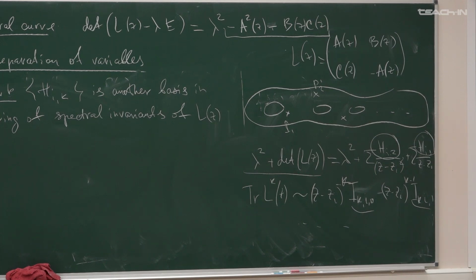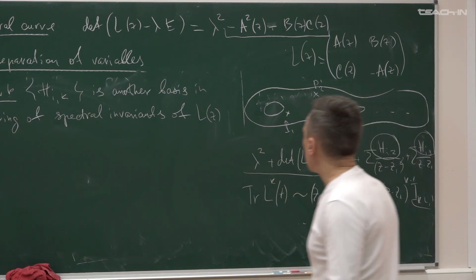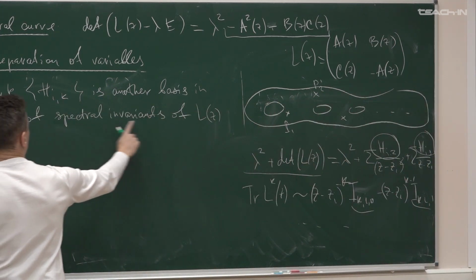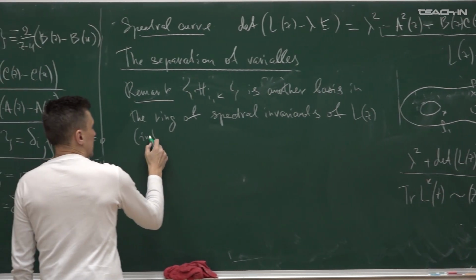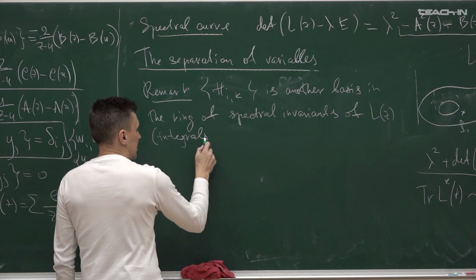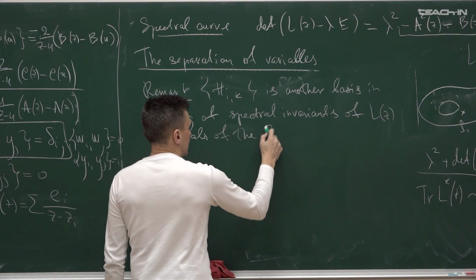So the coefficients of the characteristic polynomial are another basis in the ring of spectral invariant integrals of the Gaudin model.